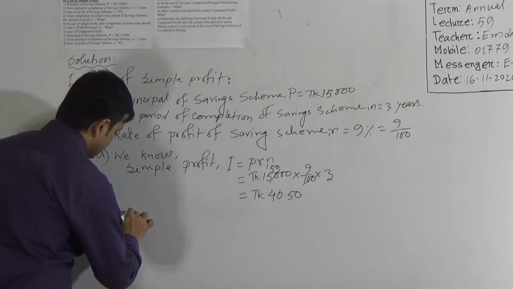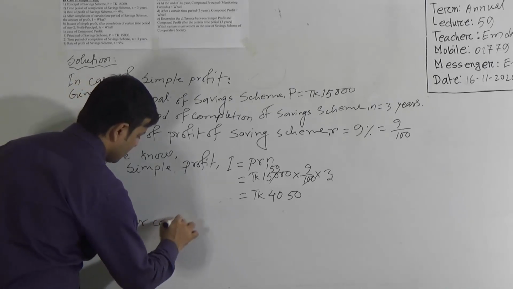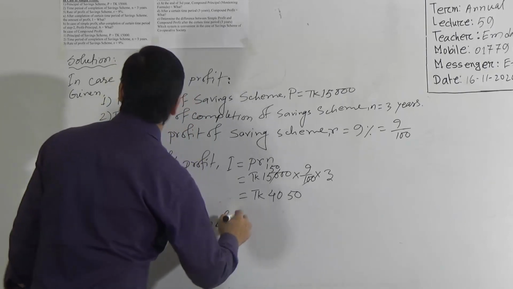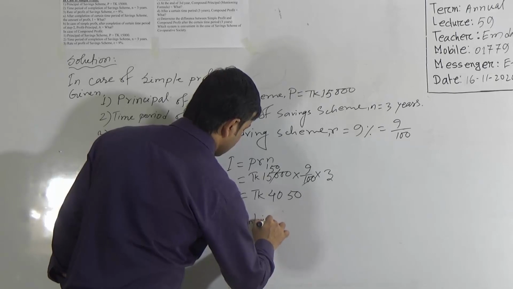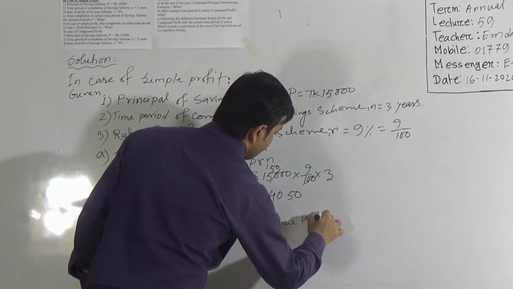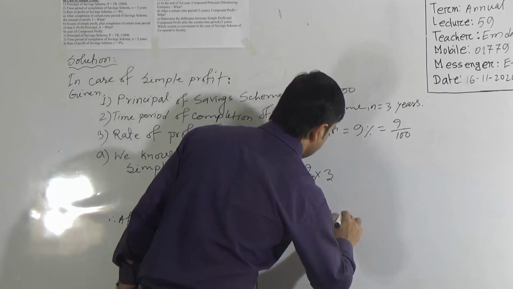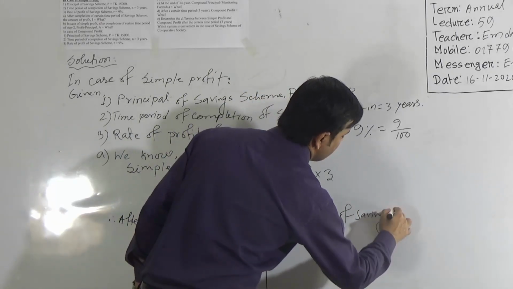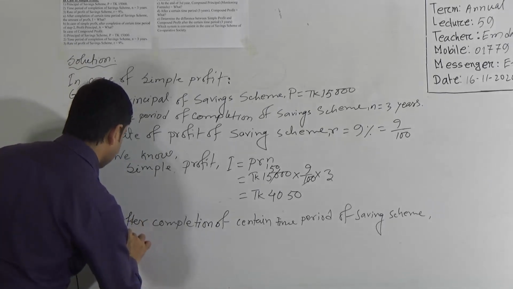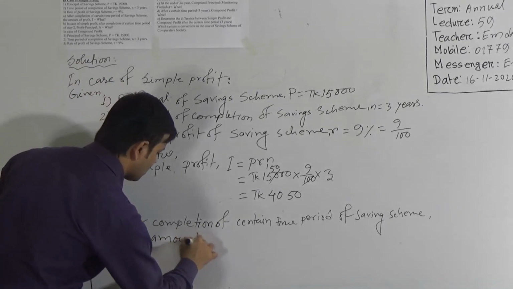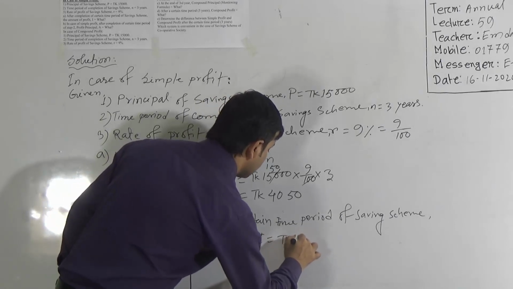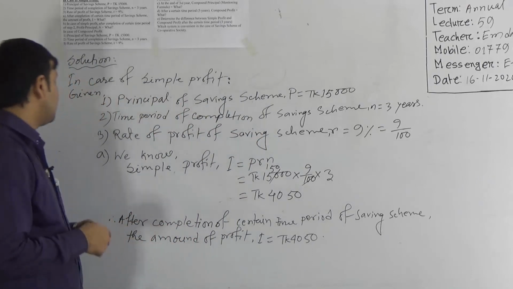Therefore, after completion of certain time period of savings scheme, the amount of profit I equal to taka 4050. So this is our answer of question A.